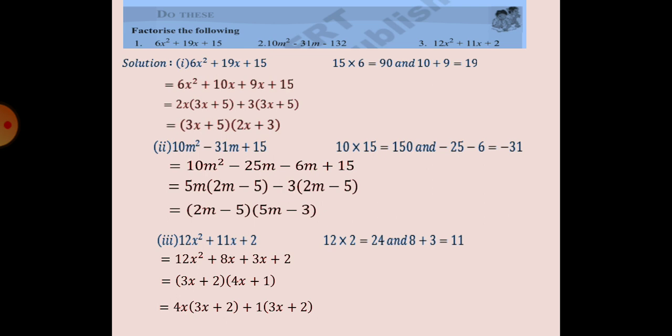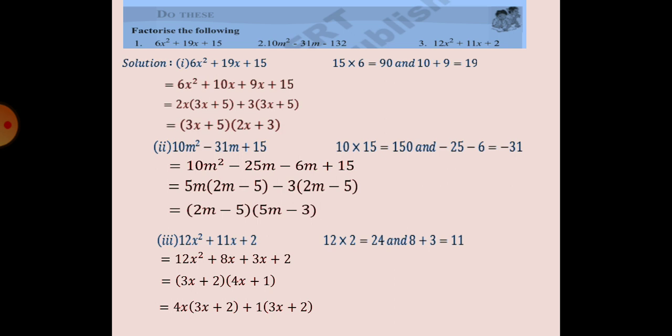Instead of 19 I am writing 10x plus 9x, it is only 19, we didn't change any value. The sum is as it is, because this is a process to multiply the constant term with the coefficient and then find the factors of those 90. 90 will not have only two factors, children, 10 and 9. It will have so many factors, but we have to select such factors whose sum or difference, according to the need, is the middle term.